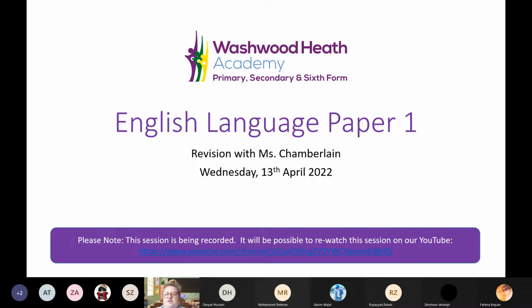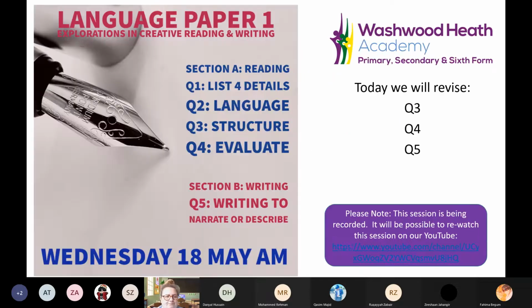So we're going to start by looking at English Language Paper 1. Just a quick reminder that English Language Paper 1 is taking place on Wednesday, the 18th of May, and it will be in the morning. It is an hour and 45 minutes in length, and it is divided into two sections. Section A, where you're assessed on your reading ability, and Section B, where you're assessed on your writing ability.